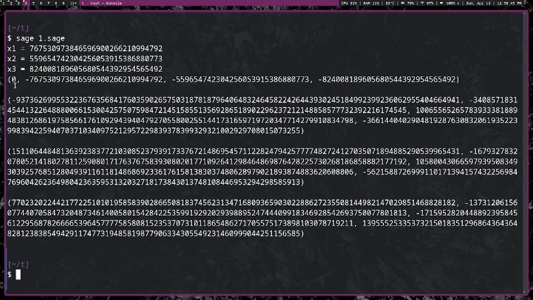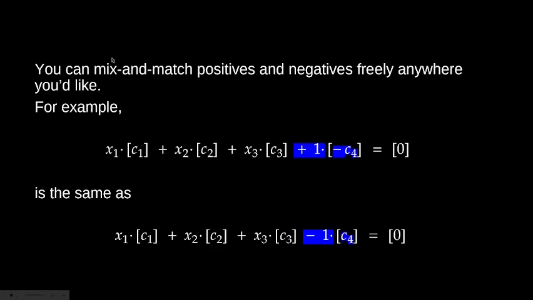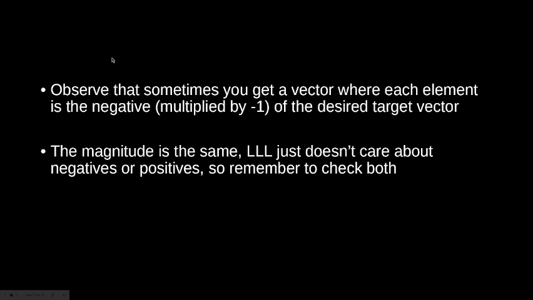But now you'll just notice that we've got the negative vector of what we want. The magnitude is the same. LLL just doesn't care about negatives or positives. So remember to check both. Sometimes you'll get the positive, sometimes you'll get the negative.